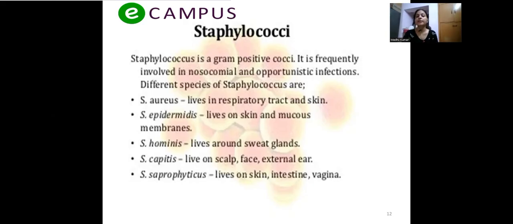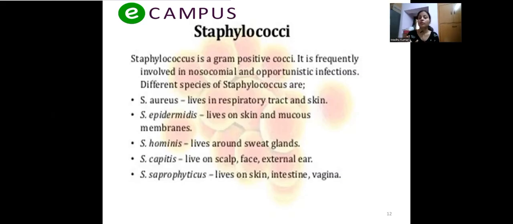Staphylococcus is a gram-positive bacteria, and these are highly pathogenic for human beings, right? They are frequently involved in nosocomial and opportunistic infection.